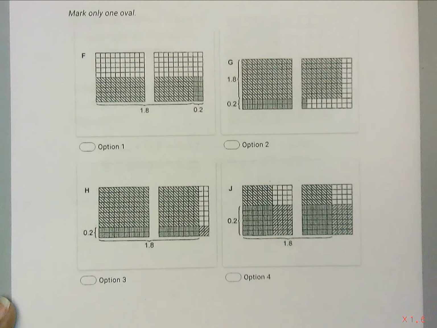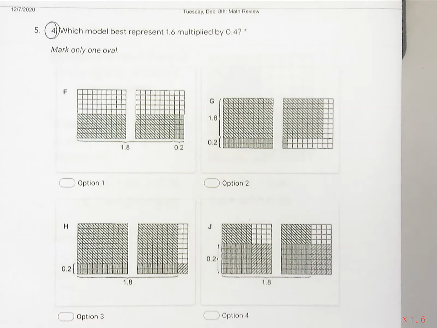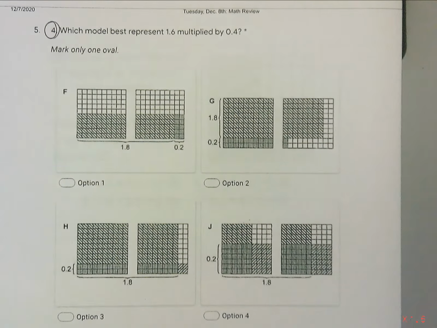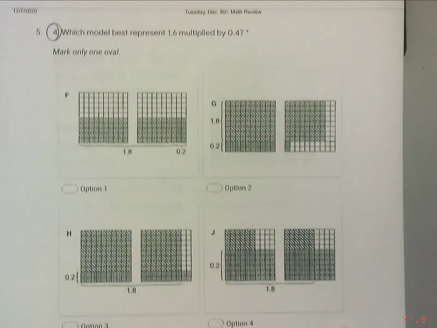Number 5. Well, not number 5, number 4. Which model best represents 1 6/10 multiplied by 4/10? Okay, so that means that one of these problems I should have 1 6/10 going across. Oh, I messed up on the numbers here, so let me cross this out.